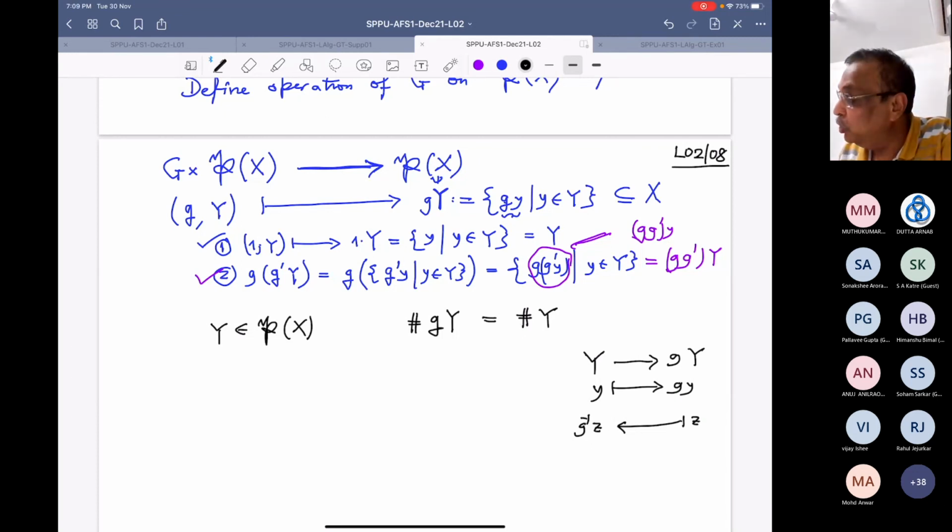Therefore, this equality makes sense. Now you complete this example. In the next class or tutorial class, we will discuss it. That means find the orbits, find the stabilizers, and find the class equation.